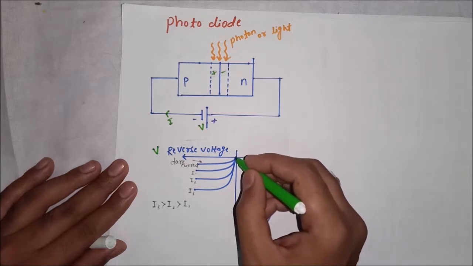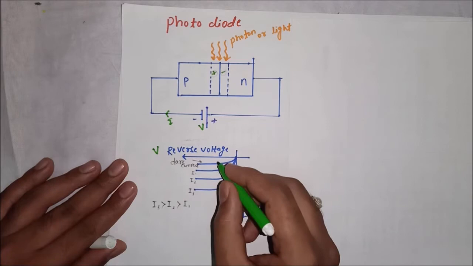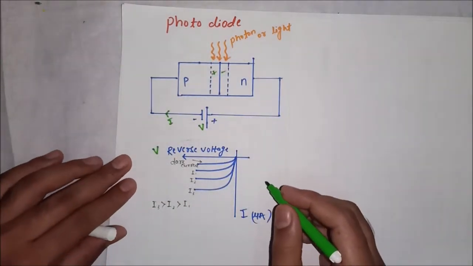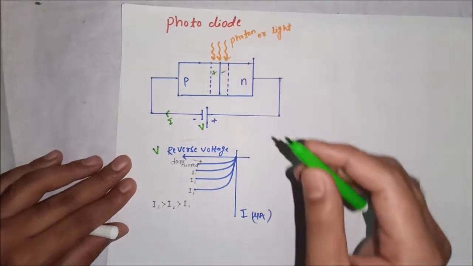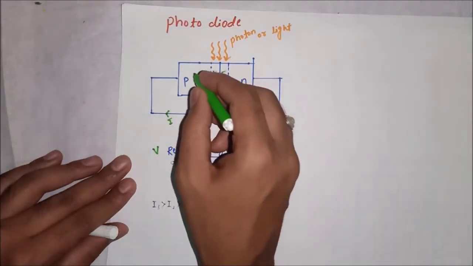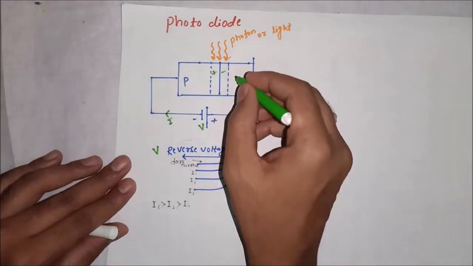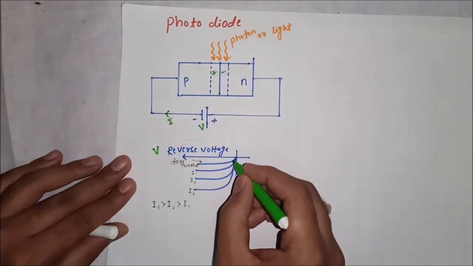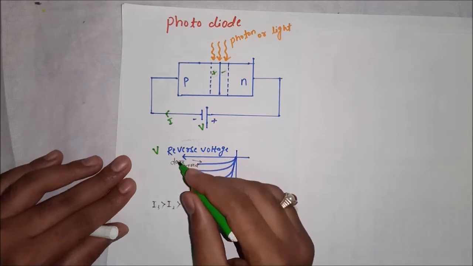So here this is completely taken in a third quadrant. That means it is reverse bias. It is operating in reverse bias. Now, when there is no light falling on the diode, very tiny current flowing in it, and that is because of minority carriers in P and N side. And that particular current is called as dark current.